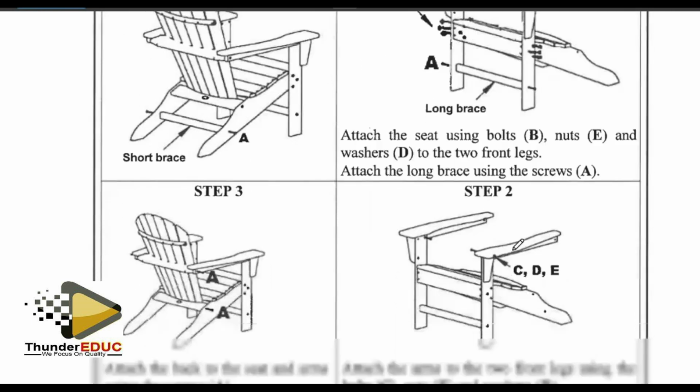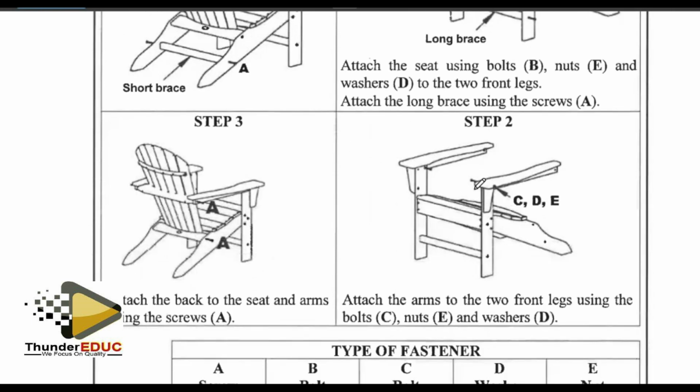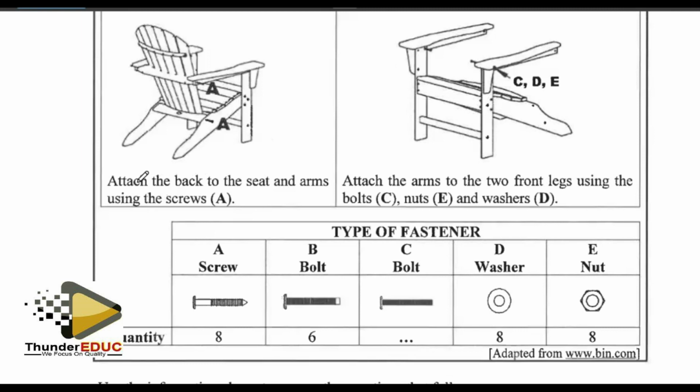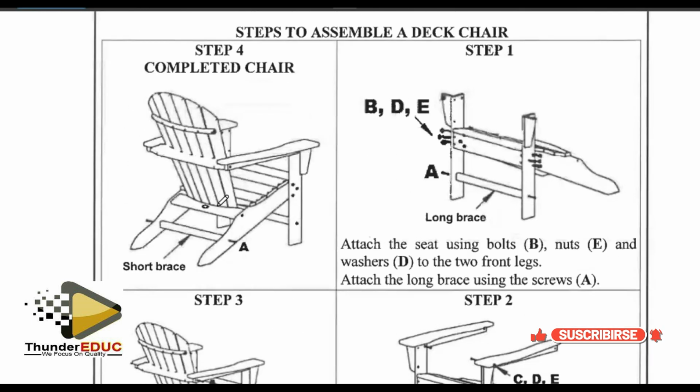Attach the long, which is A. Then step number 2 says attach the arms to the two front legs using the bolt C, E, and D. Then attach the back of the seat and the arms using the screws, which is A, together. Then step number 4 says short brush.